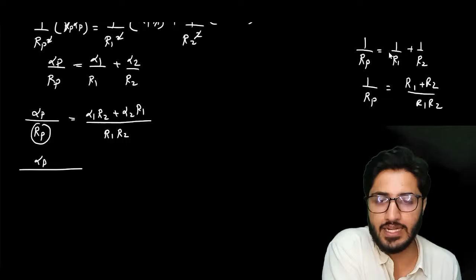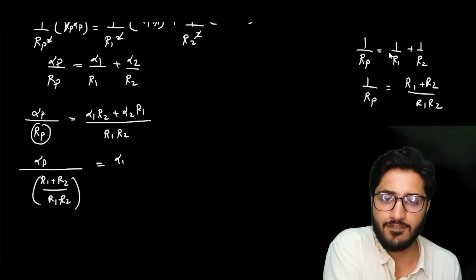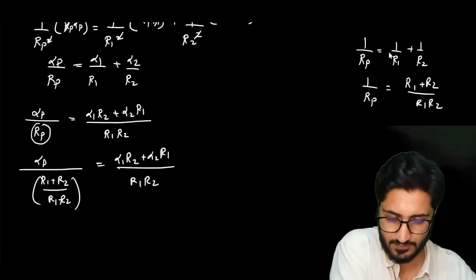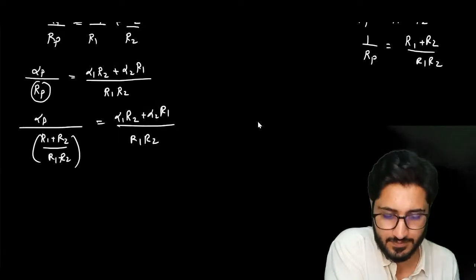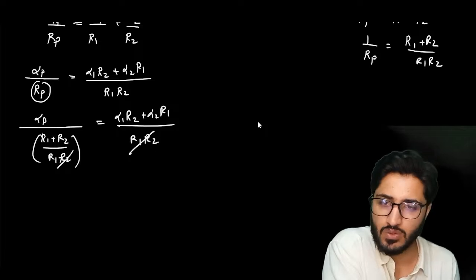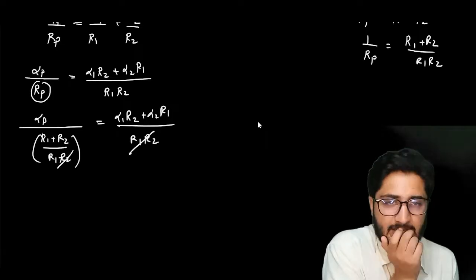So here I can write it is R1 plus R2, whole divided by R1 R2, so it is alpha 1 R2 plus alpha 2 R1, whole divided by R1 R2. Clear? So this one cuts with this one. So therefore, one second. So it is 1 by RP.